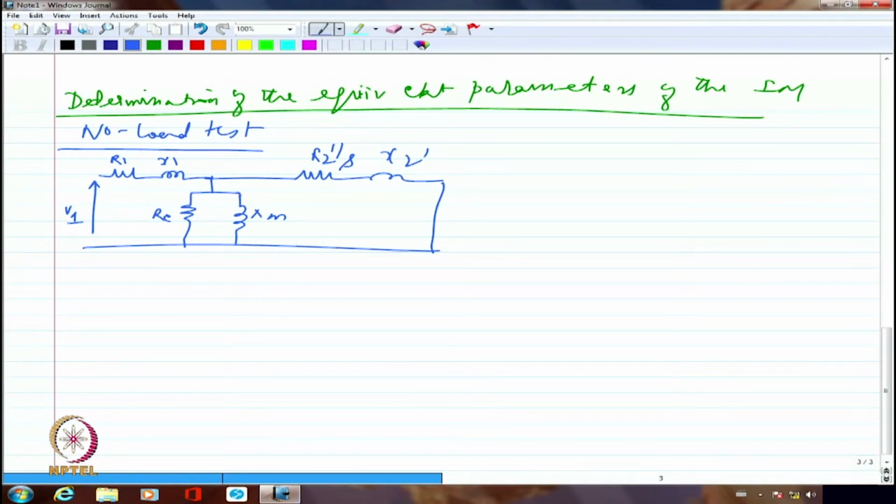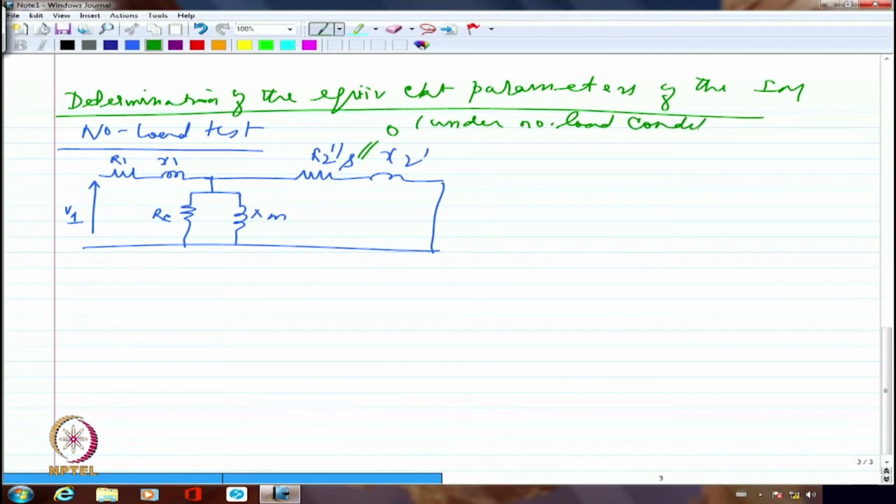That means the rotor current will be almost close to 0. The rotor current will not literally flow. It may have very, very minuscule value. So the no load condition is as good as having the rotor circuit impedance to be infinity or the rotor circuit being open circuit completely. It is equivalent to that. I will not say it is that. It is equivalent to that. Slip is almost close to 0 under no load condition.